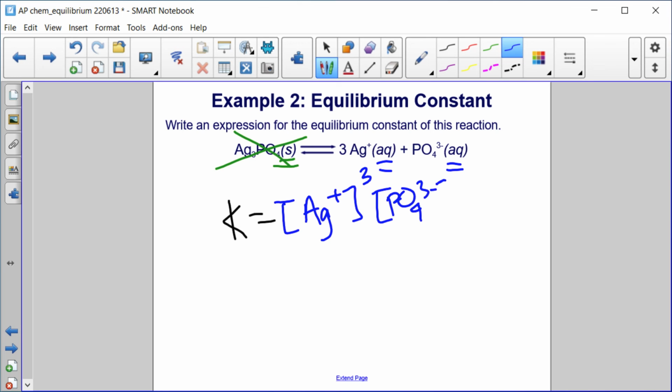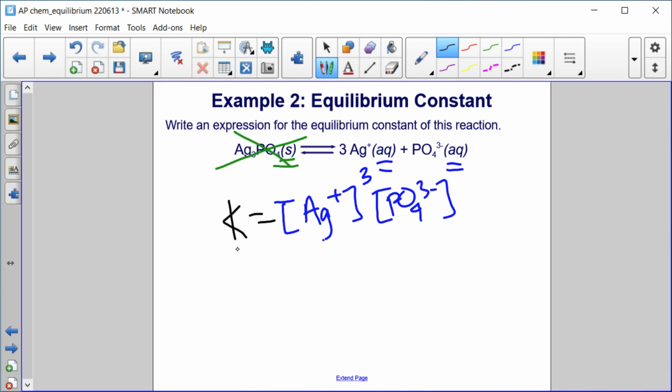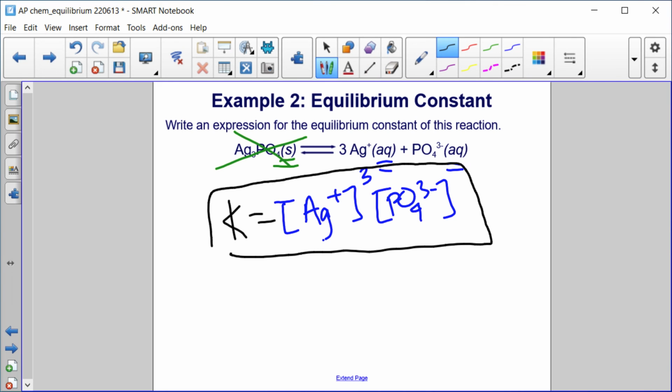The Ag+ silver ion has a coefficient of 3, so I raise it to the 3 power, and then phosphate, PO4 3-, has a coefficient of 1, so raised to the 1 power, and then there's nothing on the bottom, right? There's nothing there because we don't include the solid in the expression. So this is our final equilibrium constant expression right here.